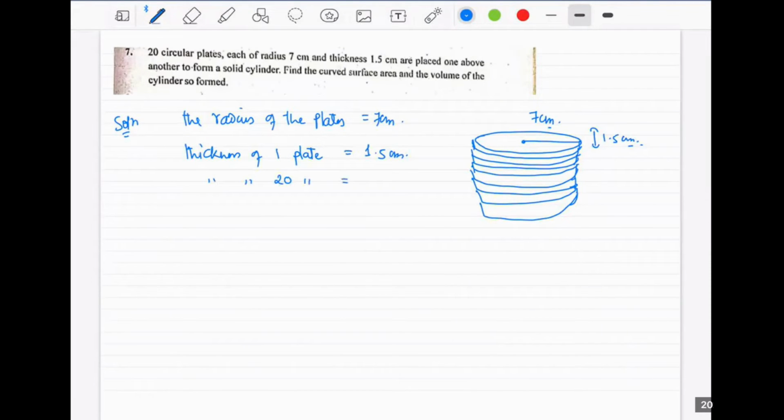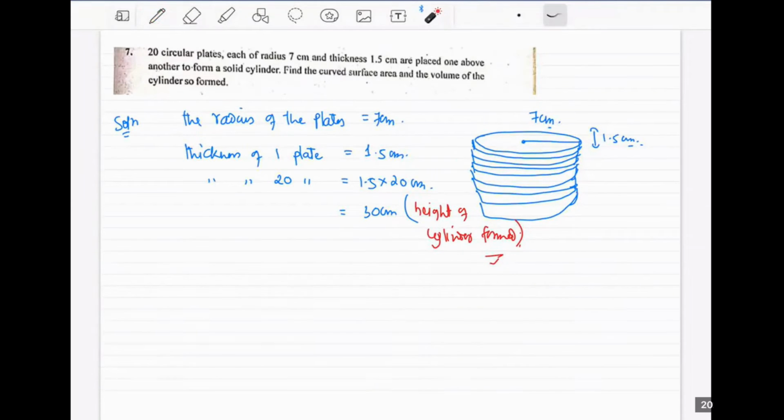That means 1.5 will be multiplied by 20, unitary method, right? So 1.5 into 20, we will have 30 centimeter. This 30 centimeter will be the height of the whole cylinder. So you put it inside bracket, height of cylinder.